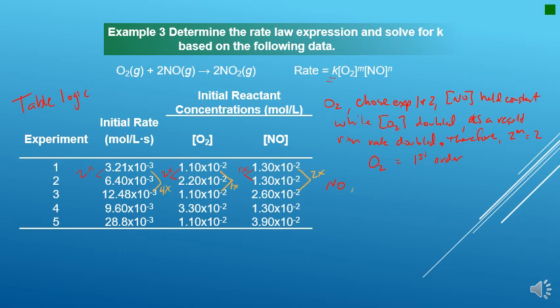Okay, so for NO, we would simply say we chose experiments 1 and 3. The O2 concentration was held constant, while the NO concentration doubled. As a result, the reaction rate quadrupled.